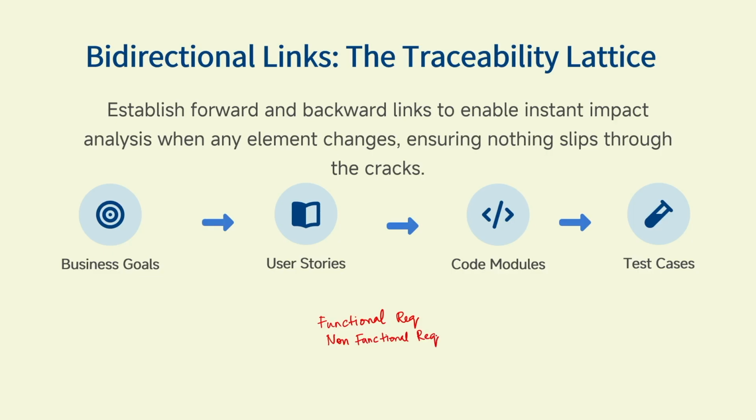These are the basic types. One is the functional requirement, the second is the non-functional requirement. The functional requirement is aligned with the project. The non-functional requirement is the other requirements apart from the functionality that we are going to associate.